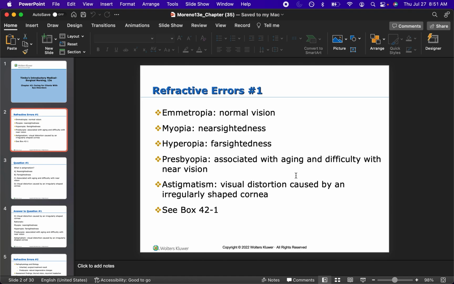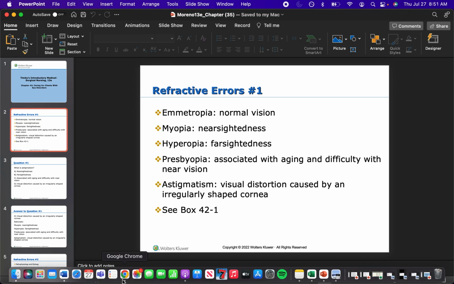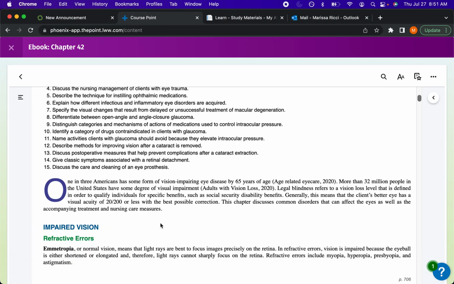That's why people have readers. And astigmatism, which I have, thankfully, is visual distortion caused by an irregularly shaped cornea. So these are the more common eye disorders that you can get.